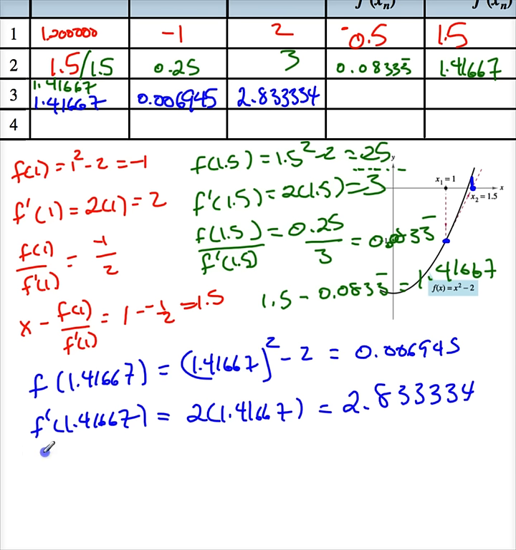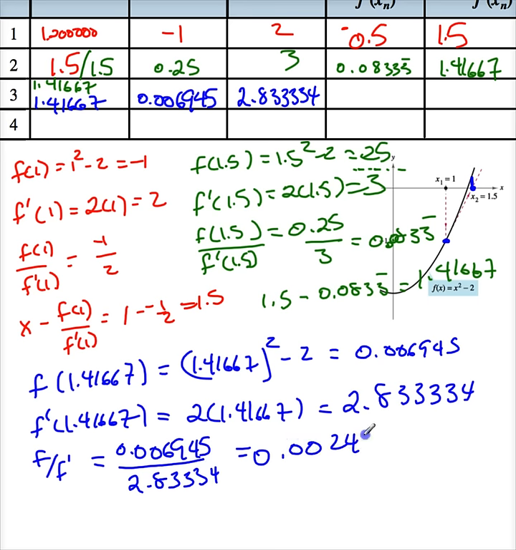All right, so f divided by f prime, that's all I'm doing right here, is 0.006945 divided by 2.83334, and I get 0.002451.